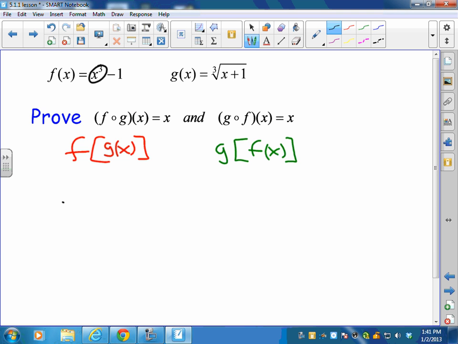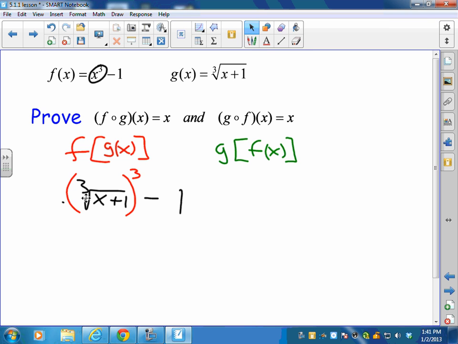Since g of x is the cube root of x plus 1, I would write the g of x in the middle first, the cube root of x plus 1, and then I would cube that and minus 1, right? The f of x is x cubed minus 1, and the x part is whatever is underlined in green.